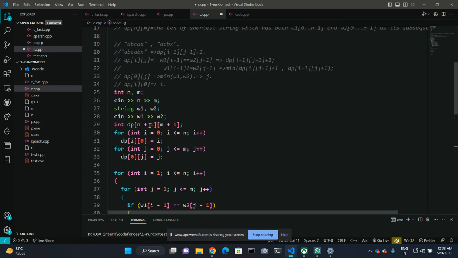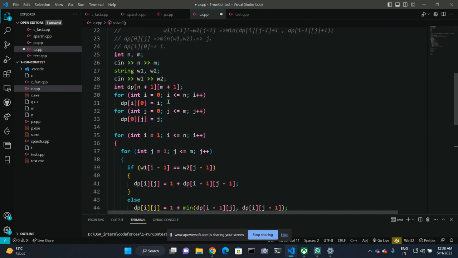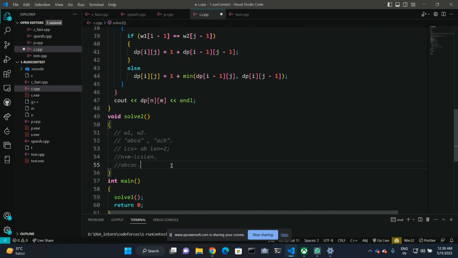Now let us move. What will be ABC, AB, right? ABC, or the LCS is AB. Okay. So try to remove one LCS.